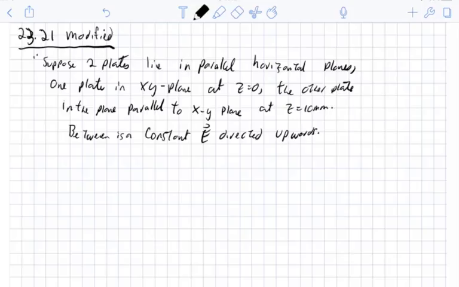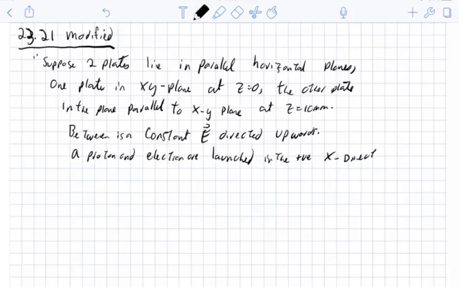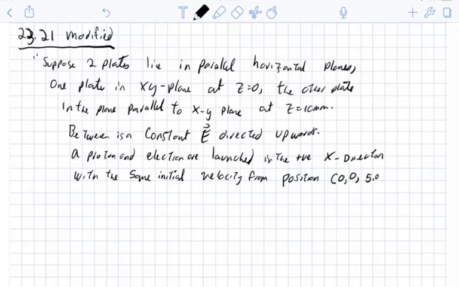A proton and electron are launched in the positive x direction with the same speed from position 0, 0, 5.0 millimeters. So halfway between the plates.